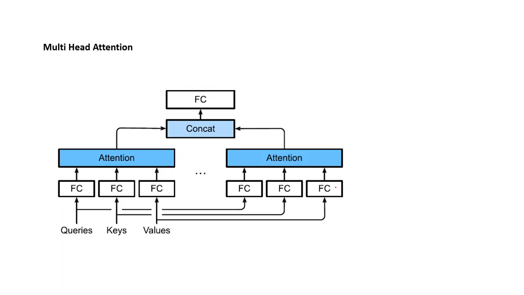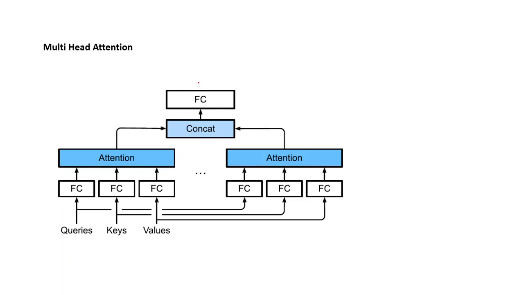Naturally, after linear transformation, we get k sets of queries, keys and values, and those will be passed through an attention pooling function, and the results from all the sets will be concatenated, and that will again be passed through a fully connected layer to get the final output.